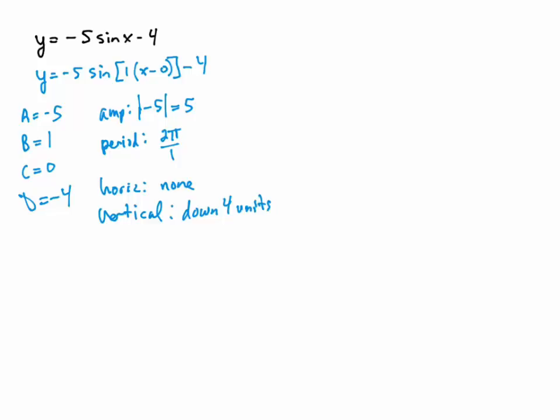All right, so if we look at the period, the length is 2 pi. So separate 2 pi into quarters. So we have pi, pi over 2, and 3 pi over 2. No horizontal shift, so these 5 values are going to be what we see on the graph, and then the only shift we have to consider is we're going down 4 units.